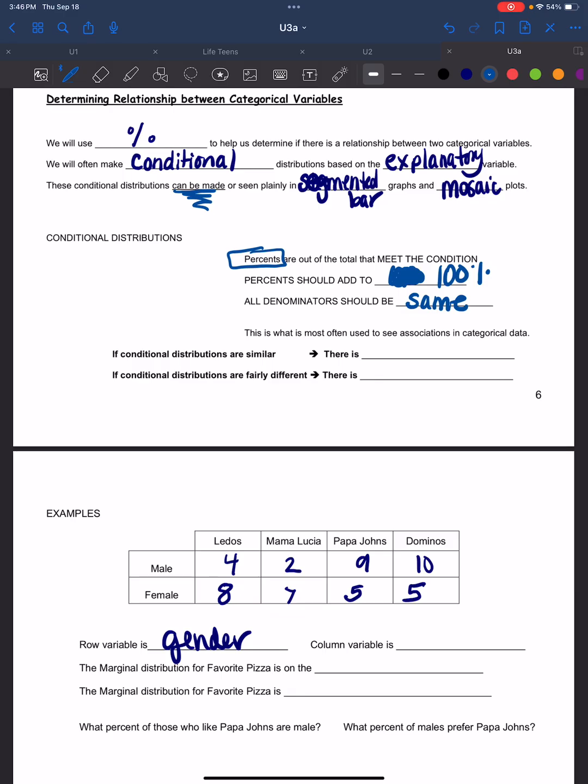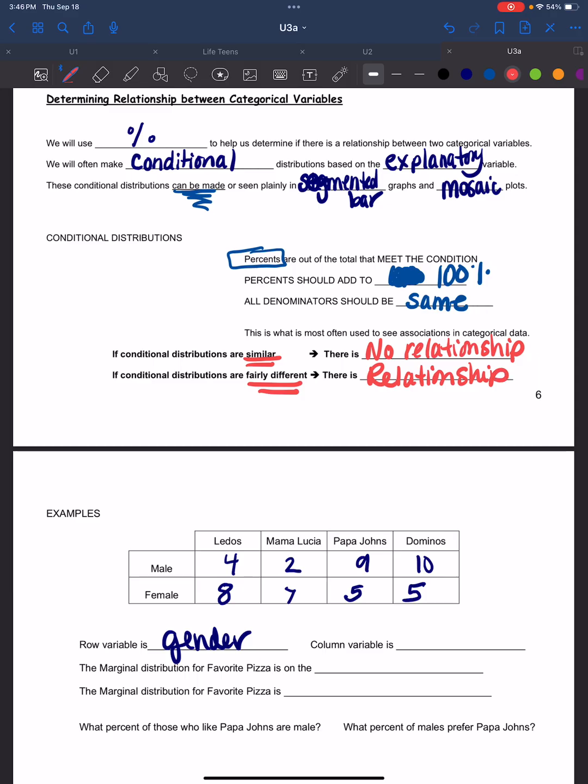If you create a conditional distribution and things are similar, then there is no relationship between the two variables that you're looking at. But if you make a conditional distribution and they are different, there's a notable difference, then we would say that there is a relationship.